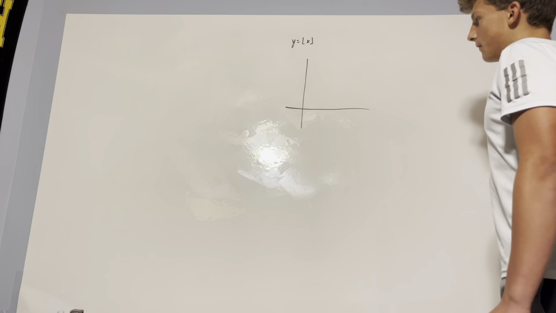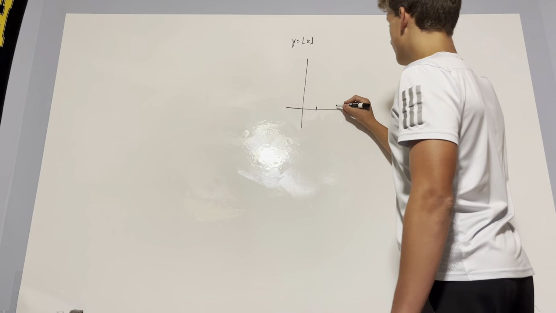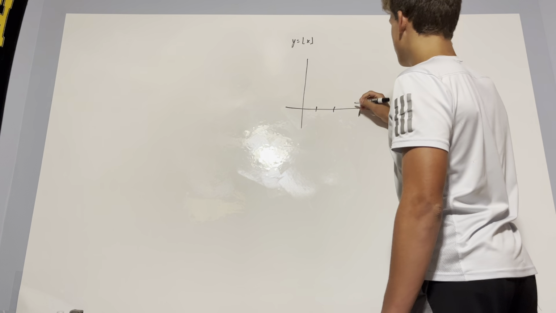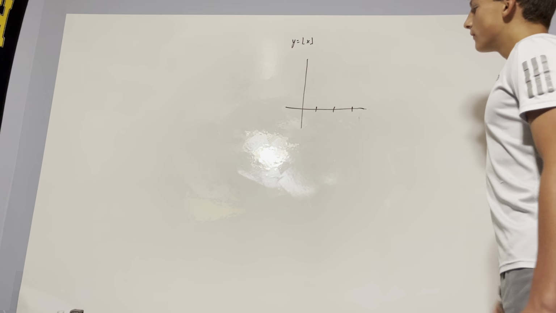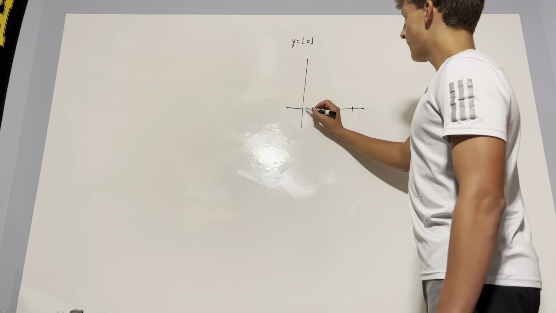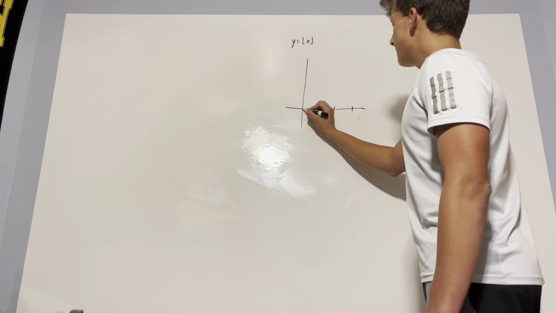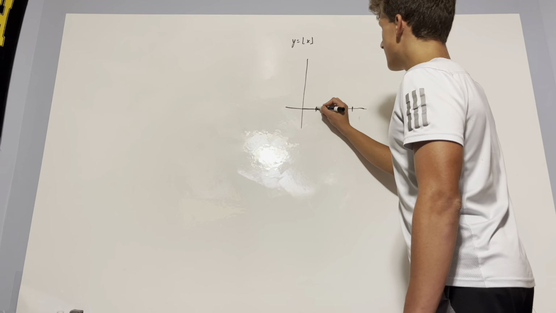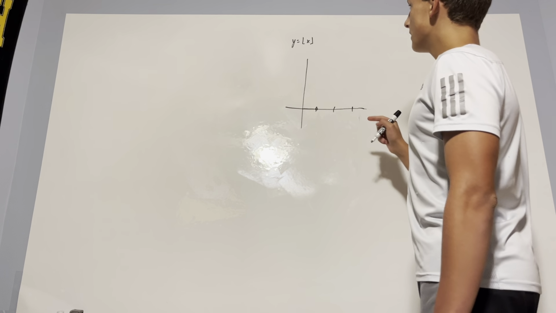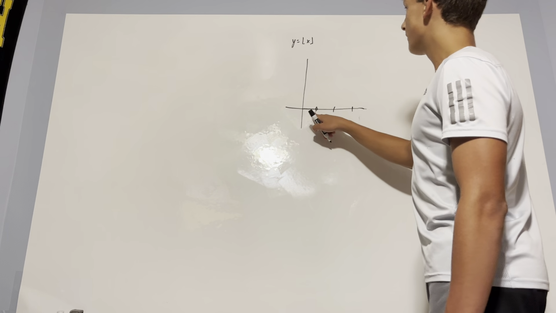Essentially, the floor function is going to be a step function, and it is going to round down to the nearest integer for every value of x.